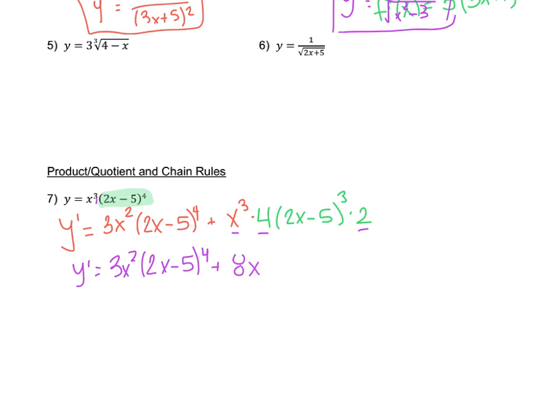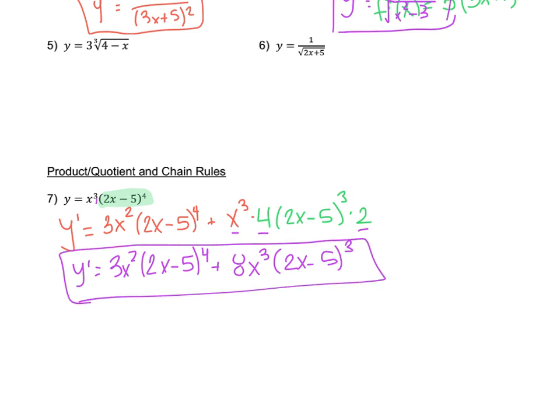So 8x cubed times (2x minus 5) cubed. And that's it. It helps to stay organized with these because when you start combining things like product, chain, and quotient rule all together in a single problem, it can be a lot to keep track of, but that's why practice helps us. Okay, let's move on to the next.